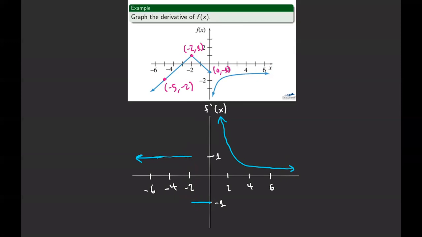It's not differentiable, right? We talked about that idea of differentiability. And so our derivative does not exist at -2 or at x equals 0. And so I'm going to put those open circles right there.